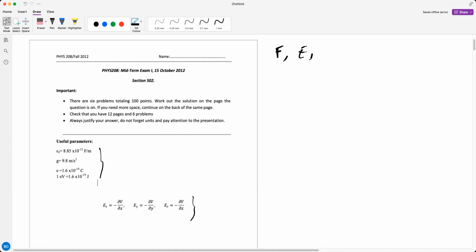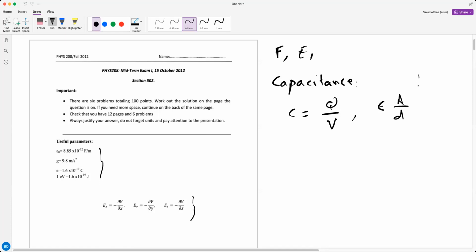I might give the formulas with the capacitance, if we need them. For example, I know that the capacitance is the charge divided by the potential difference, and then epsilon A over D, where D is the distance between the two plates and A is the area of the two parallel plates that form the capacitor.